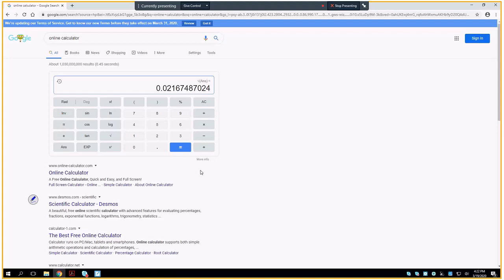All right, 0.02167, etc. And we know that we're going to stop at the 4th decimal place.